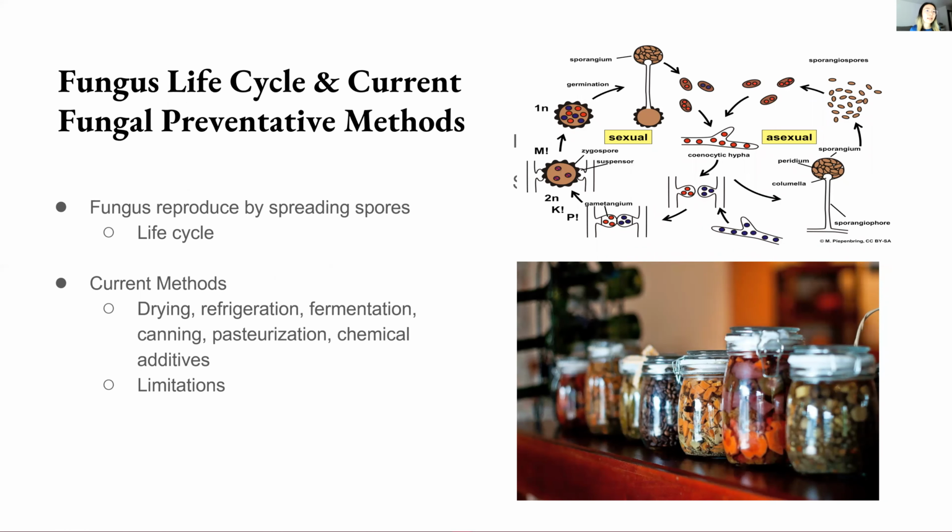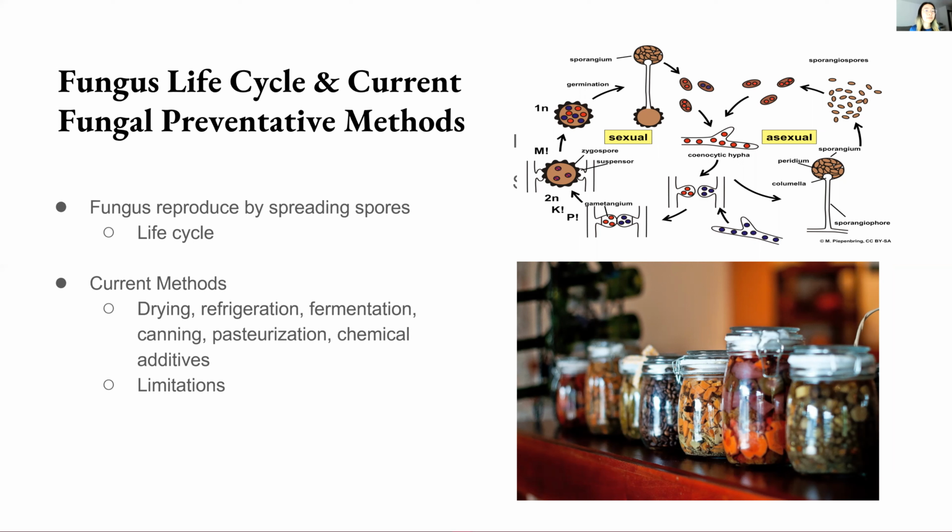Fungal infection that leads to food spoilage is carried out when fungal spores spread to new uninfected foods. Fungi are chemoheterotrophs who derive all of their metabolic energy from the breakdown and consumption of other organic matter, for example, our food.